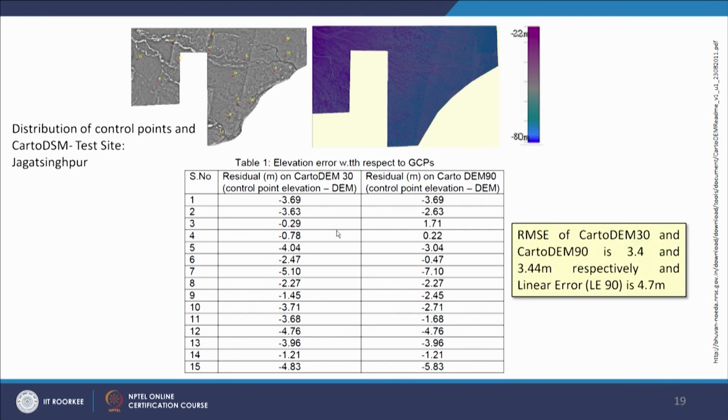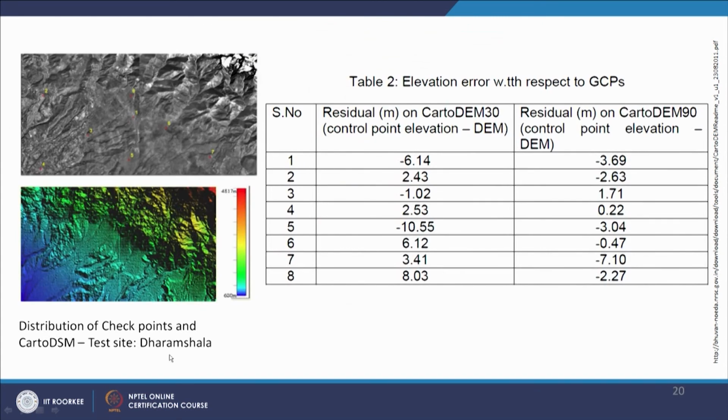One example is here: the RMSE of the Cartosat DEM, which is this one, is 3.4, whereas in this case it is 3.44 respectively, and the linear error is 4.7. Another example is Dharamsala, which is a hilly terrain, and what you are seeing is again the same comparison, Cartosat DEM 30 meter, Cartosat 90 meter, and this is the error.